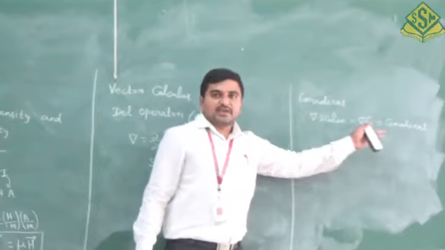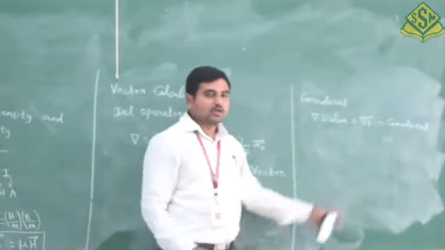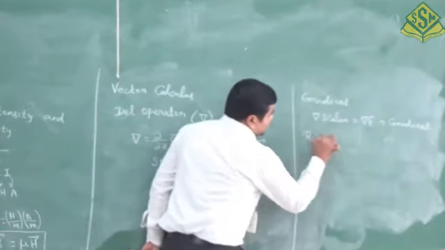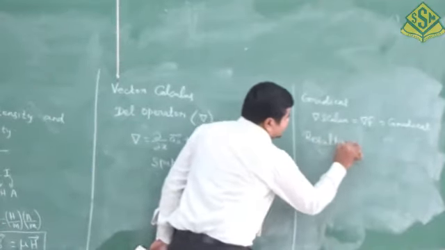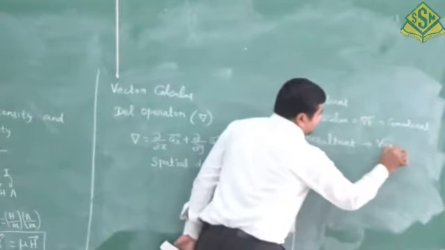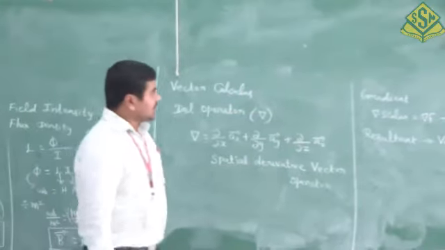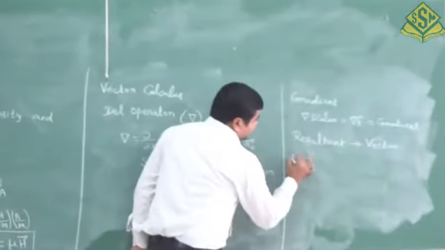Here f is a scalar quantity, del is a vector quantity. So the resultant of this gradient is always a vector. Next one is divergence.